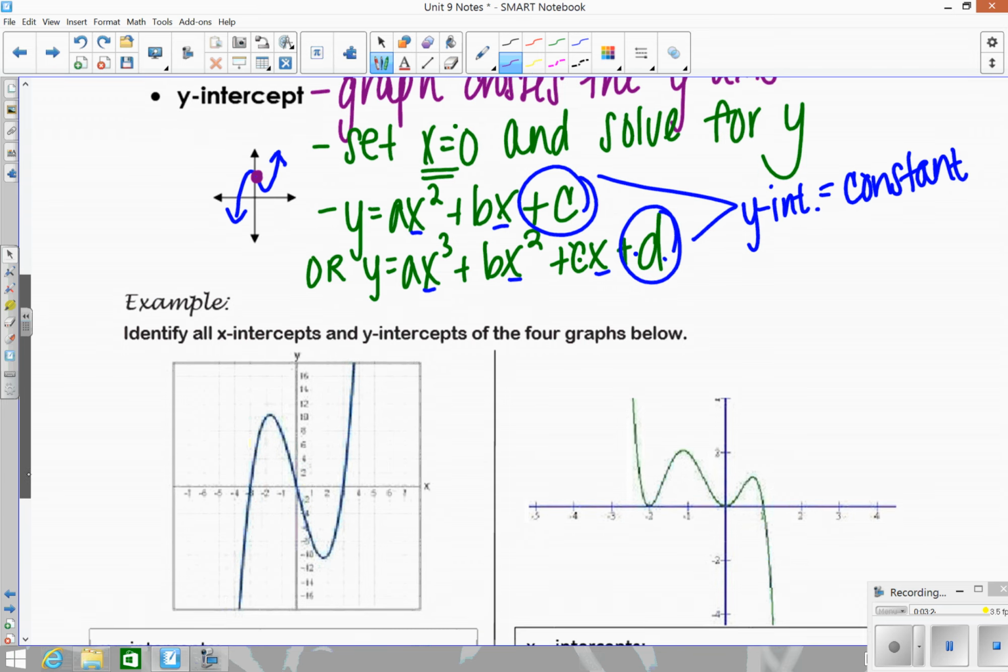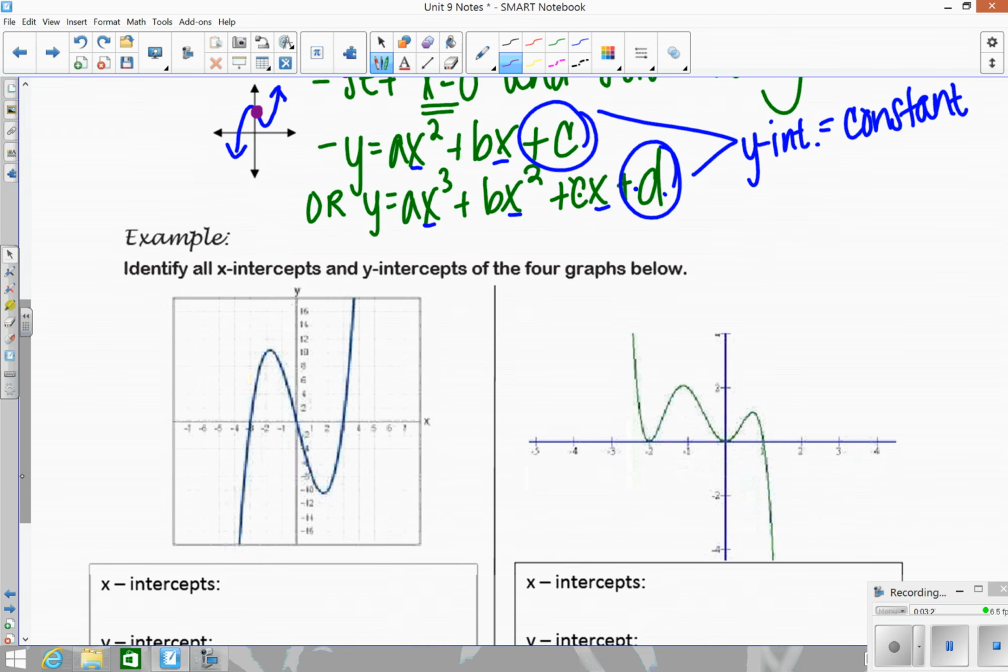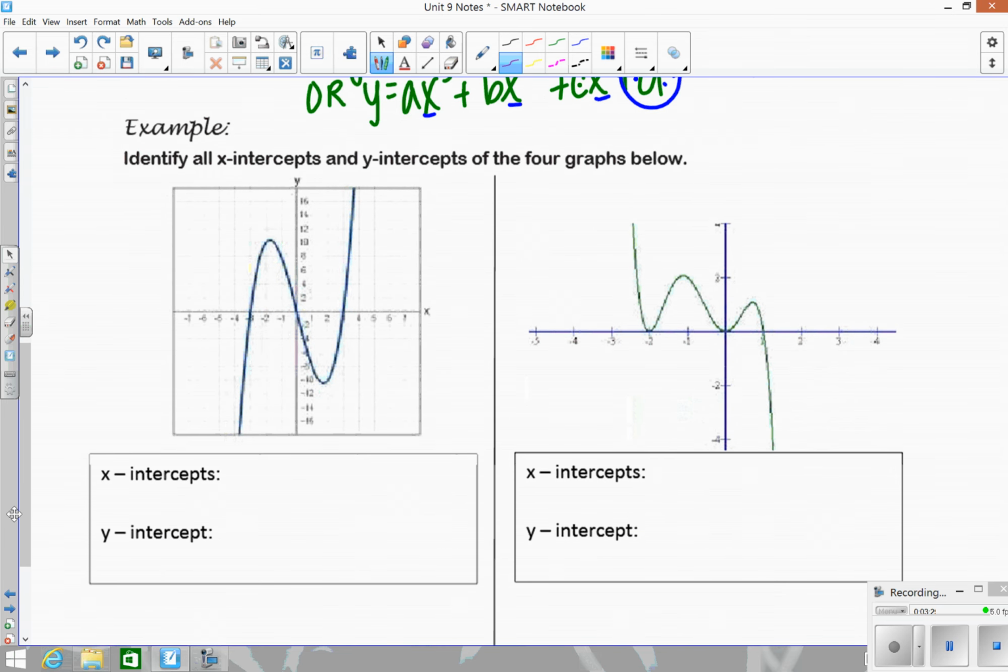So let's look at actually going through and finding the x and y intercepts. For the first one here, let's find the x-intercepts. We look at the x-axis and we identify any places where the graph crosses. In this case, I have 3. So I have x equals -3, x equals 0, and x equals 3. You can also list these as coordinates if you want.